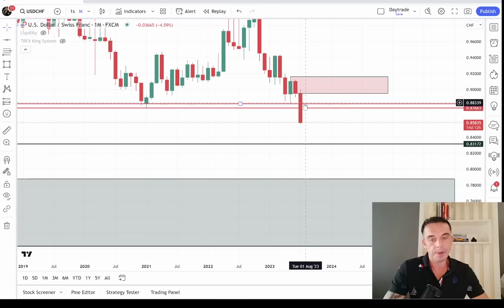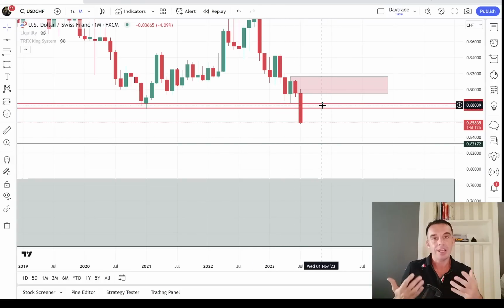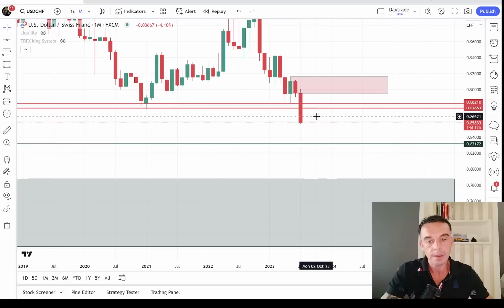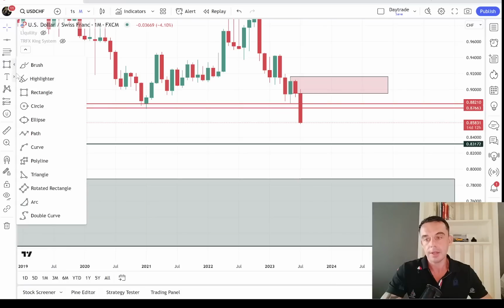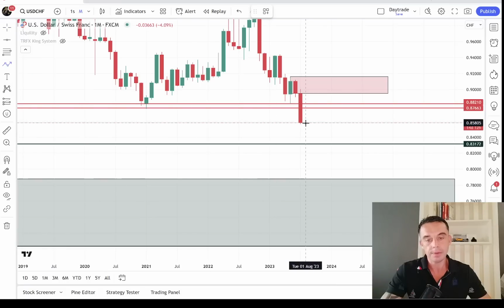This would be the sweet spot for sellers to come back in, and we're looking at the higher time frame. So these are the areas that institutional traders are looking at. This would be a good area to wait for the market to come back up to, and then sell off down to target this. We could just come straight down here.